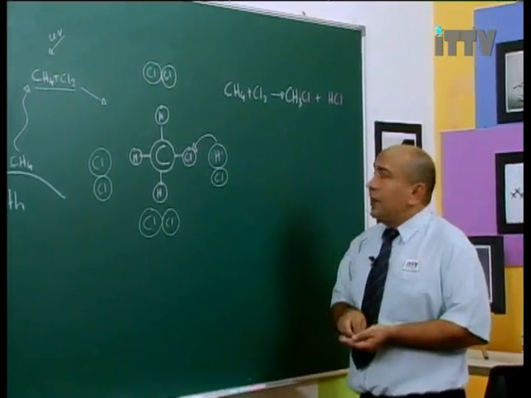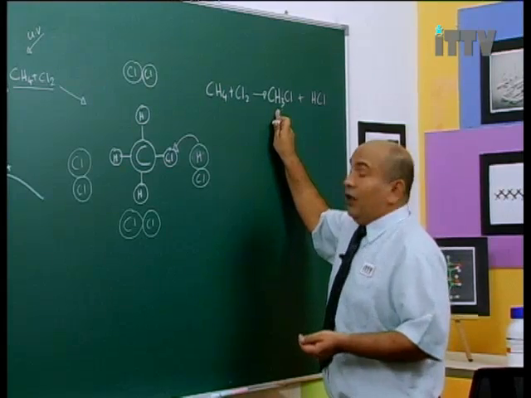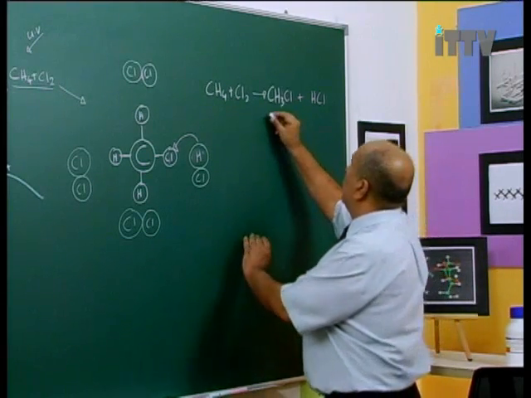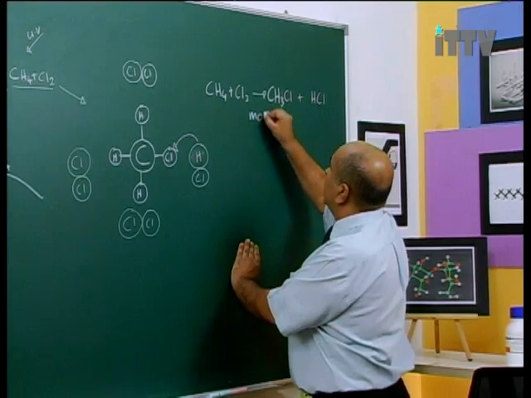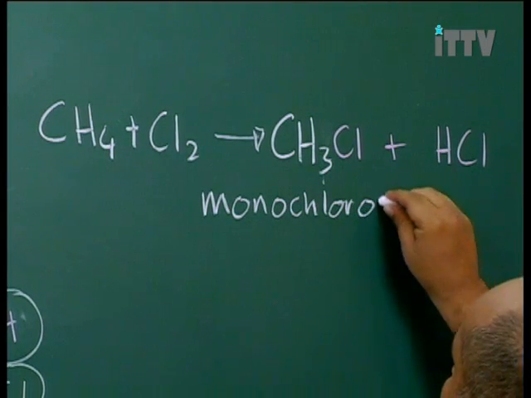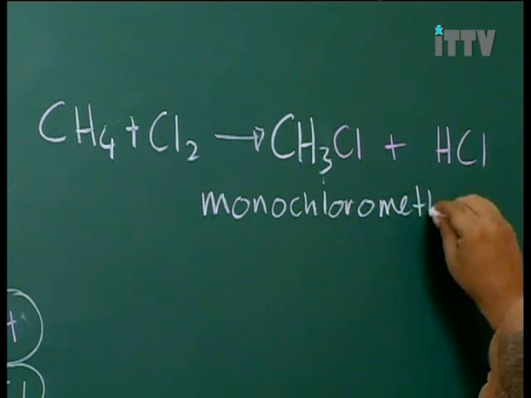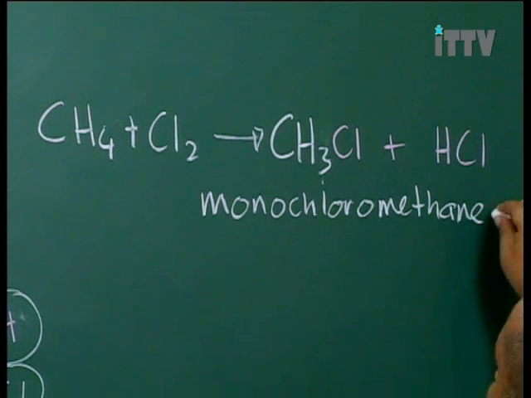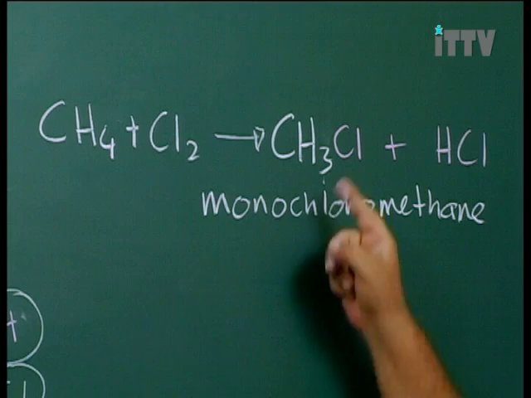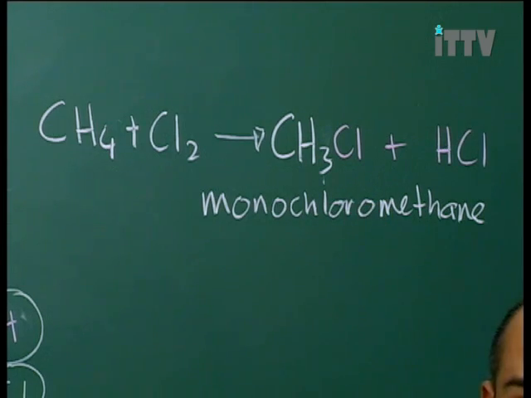This is called monochloromethane. Methane, because it's got one carbon in it and they're all single bonds, so it must be from the alkane family. Monochloro, because it's got just the one chlorine.